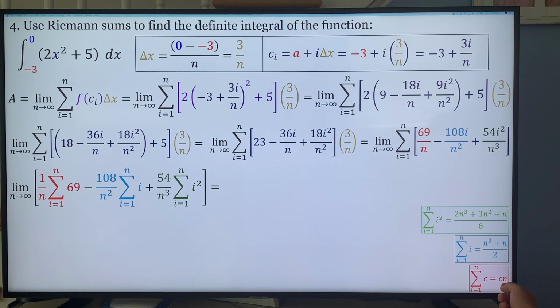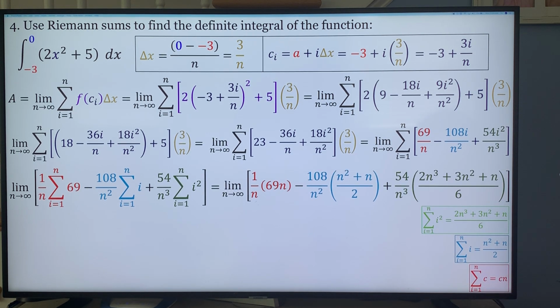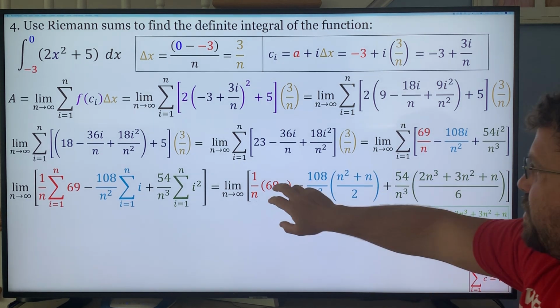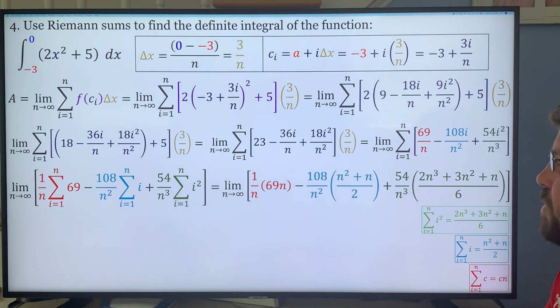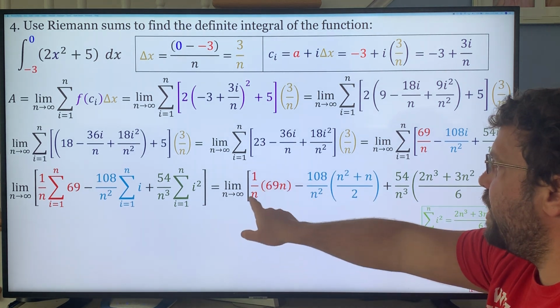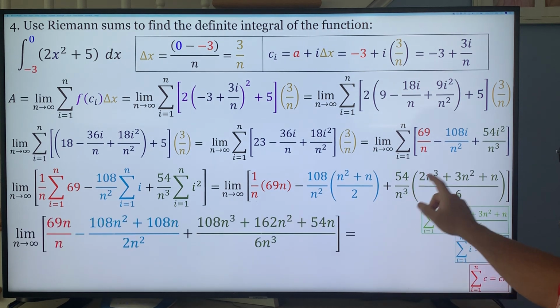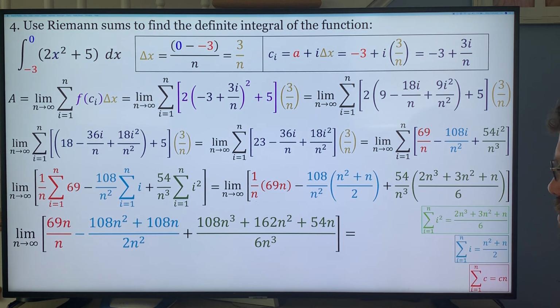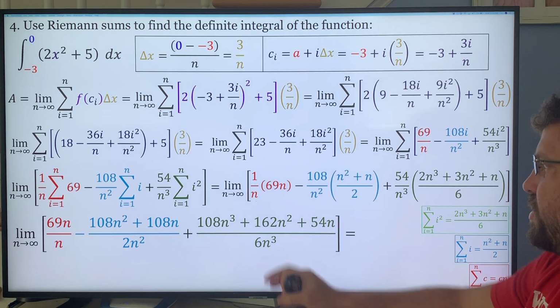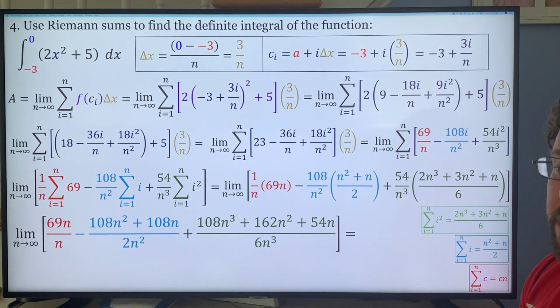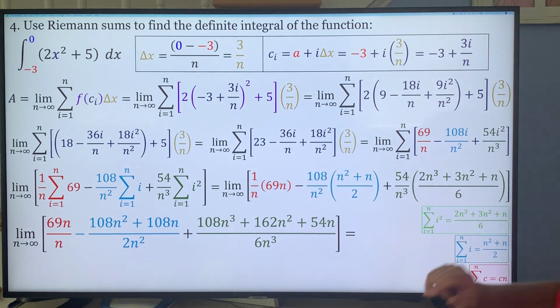So Cn is 69n, i is that, and i squared is that. This goes directly in here, and this is the only one where you have to do a little work. All right, this over n, distribute the 108, distribute the n squared, distribute the 54, distribute the n cubed. Do you have to distribute it to things you know are going to turn into 0? No, you can take shortcuts around there, but I'm just showing you every step of every one.